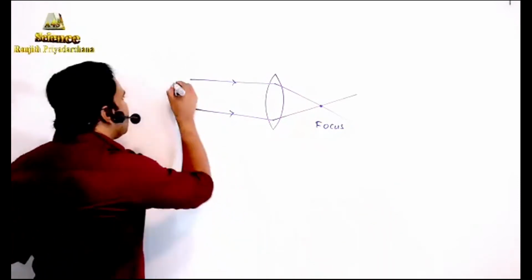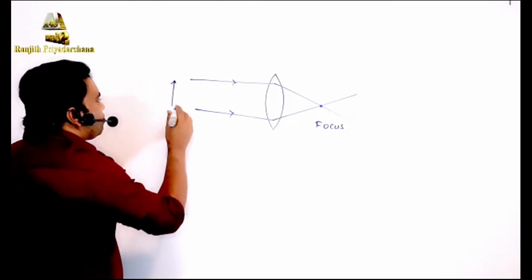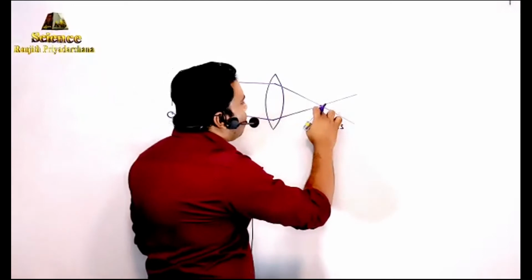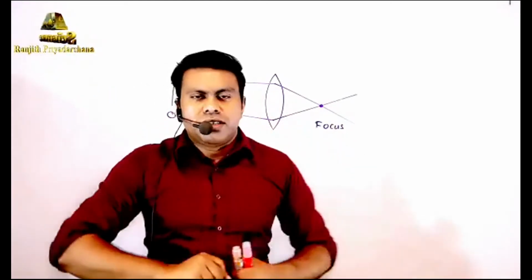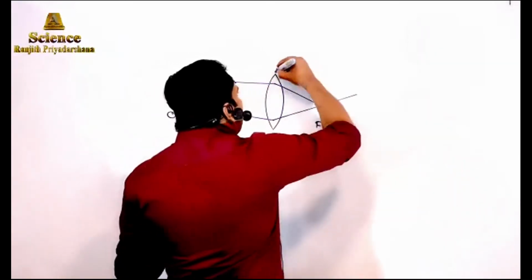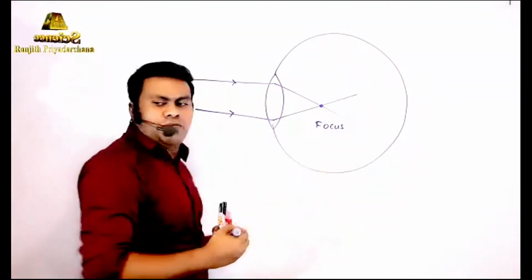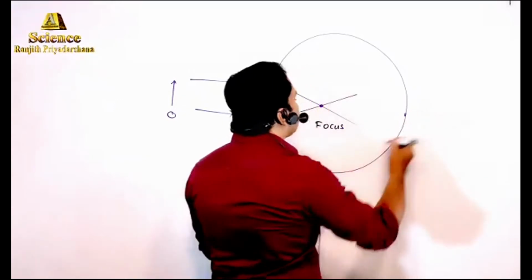Okay, if there's an object here, an image of it is created on this focus. Image is created on the focus, but in the eye, that image must be focused to the retina. පුතේ මෙන්න මෙතනට focus කරන්න.